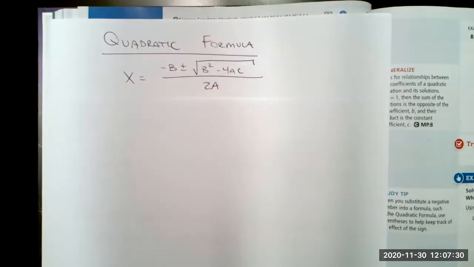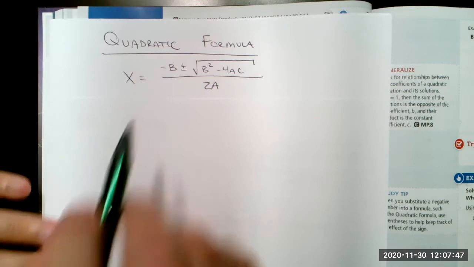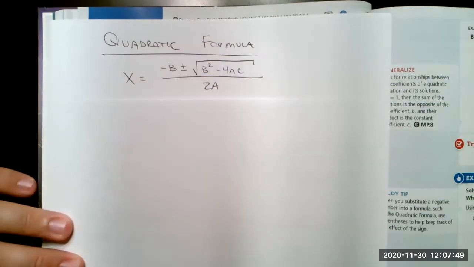There are songs on this. You can go to YouTube, and I would recommend you search quadratic formula, row, row, row your boat. Super popular song. We all heard that as a kid, row, row, row your boat gently down the stream. Basically, it takes this formula and puts it in that melody, and it helps it stick in your brain. Every year in class we listen to it over and over for multiple days.